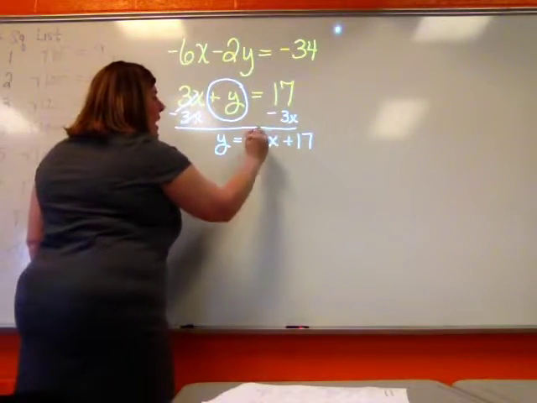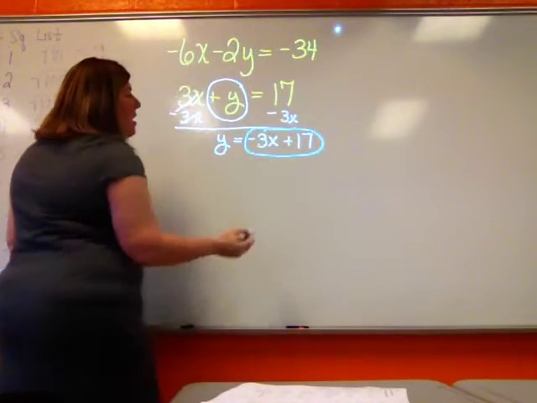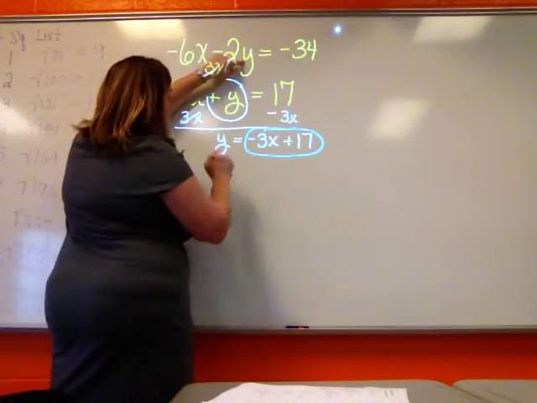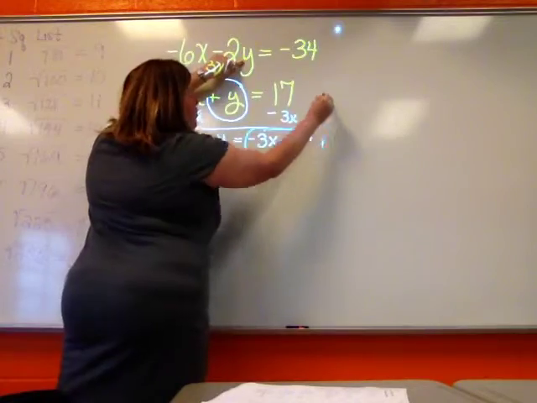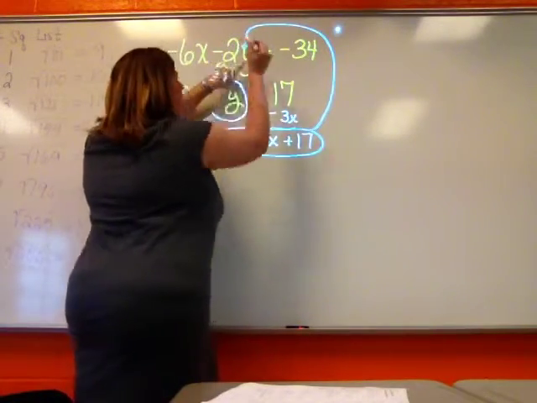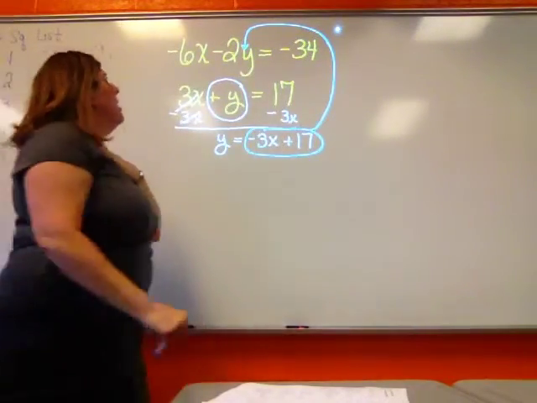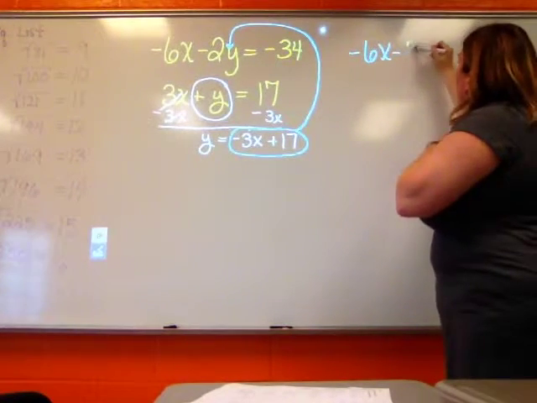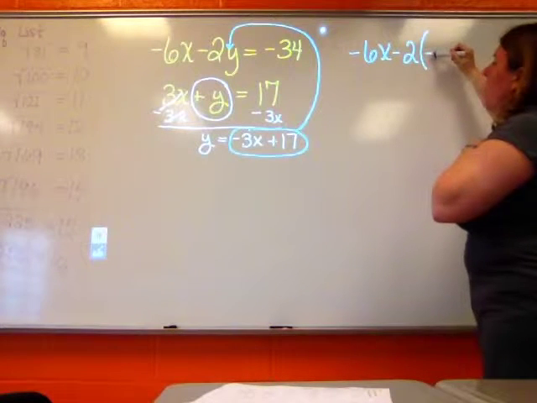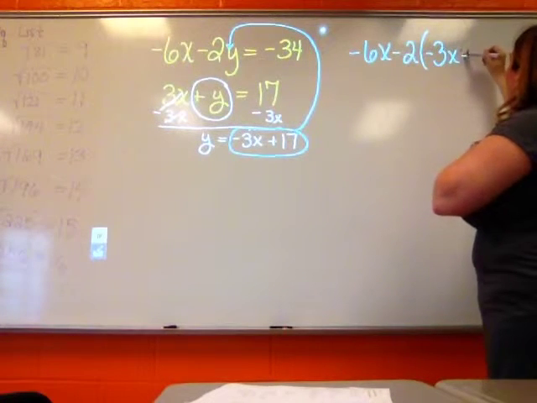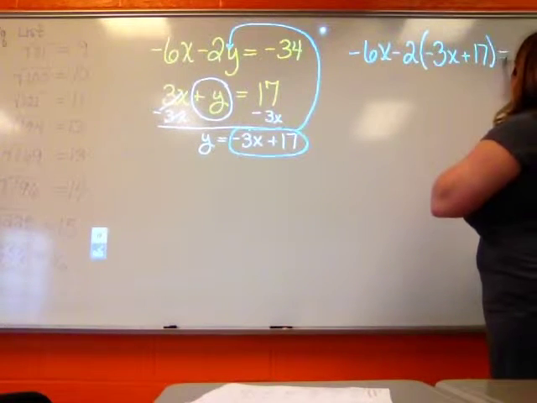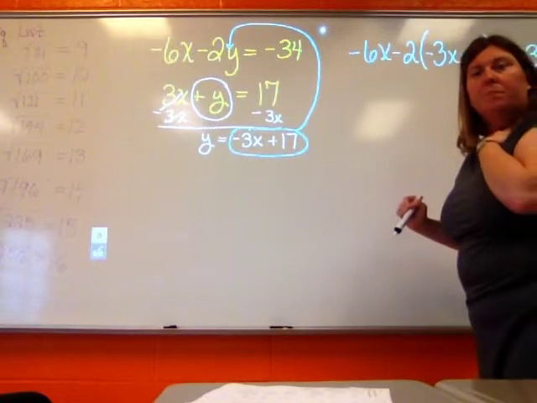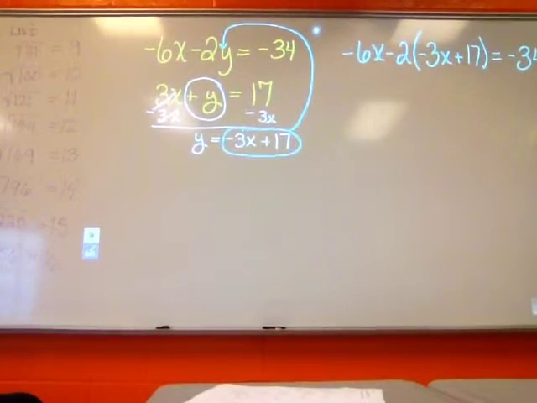Now what I can do is take this negative 3x plus 17 and go back up here to the equation I haven't used yet. Because it's y equals, I can replace this right there in the y spot. So that I have negative 6x minus 2 times the quantity negative 3x plus 17 is going to be equal to negative 34.